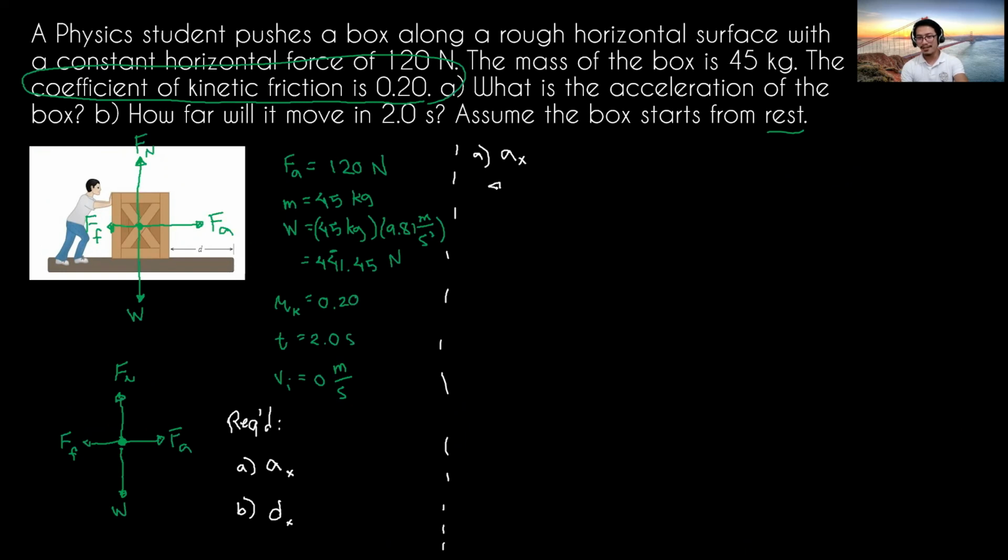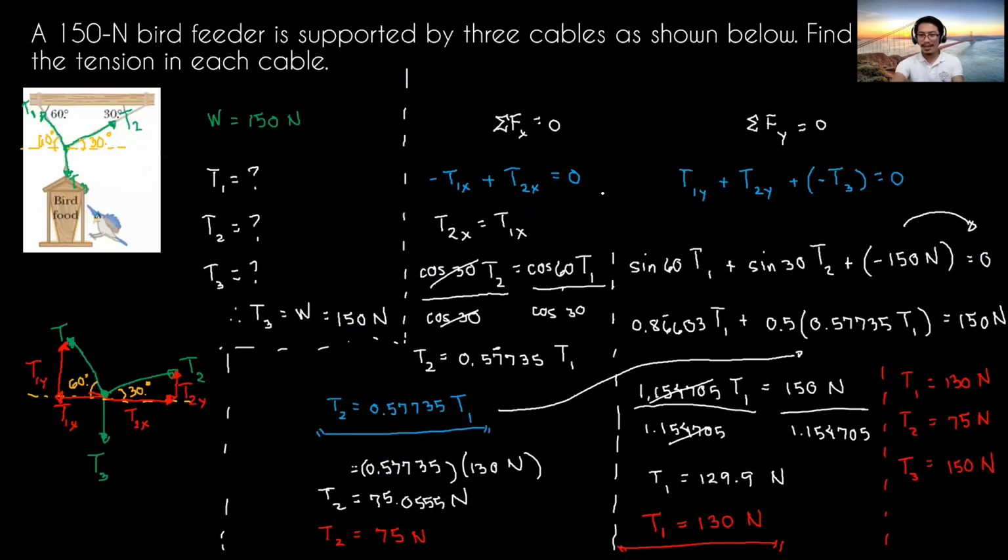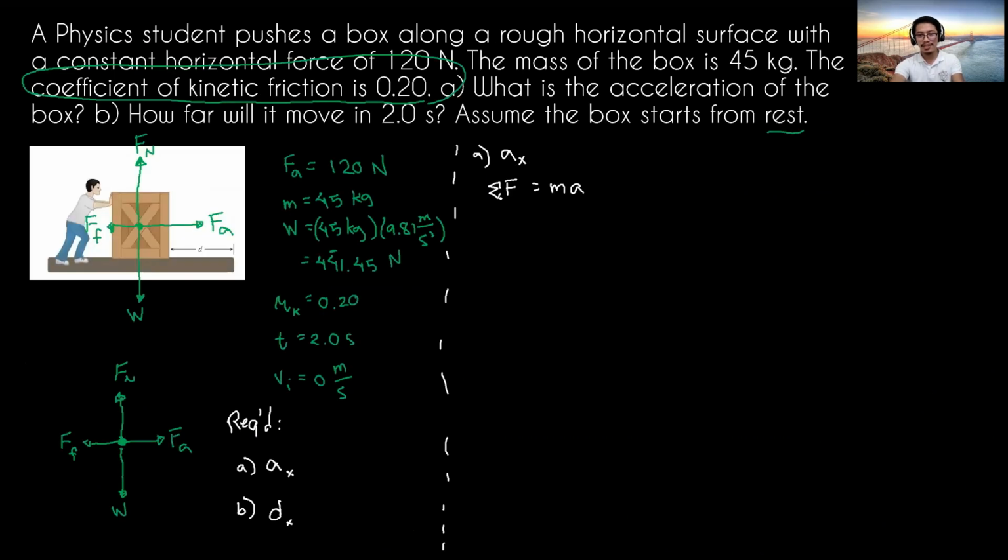And that is summation of forces must be equal to mass times acceleration. Do you follow? So yun yung kaibahan. Kanina, ang ginagamit natin is summation of forces must be zero. Bakit? Because this is first law. Walang acceleration. Dito, meron na siyang acceleration. So that means summation of forces must be ma. Second law of motion. Do you follow?